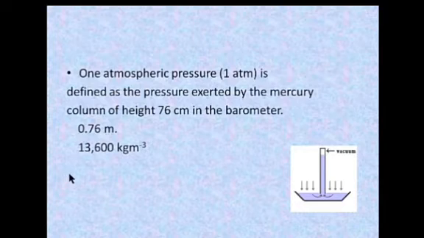The density of mercury is 13,600 kg per meter cube and acceleration due to gravity is 9.8 meter per second square. To find pressure, we have to use a formula.